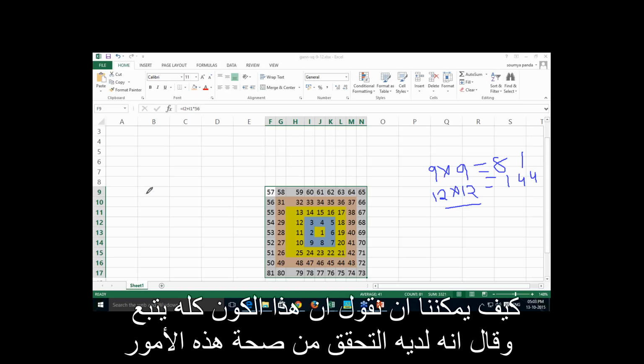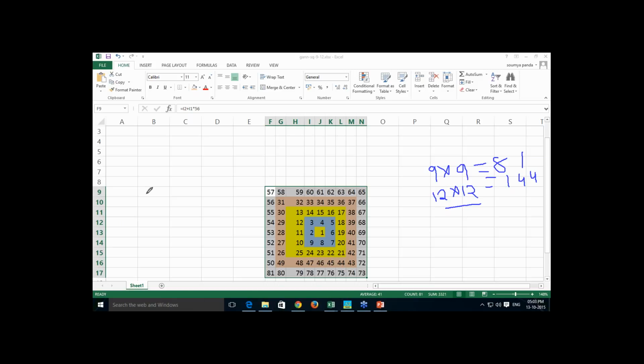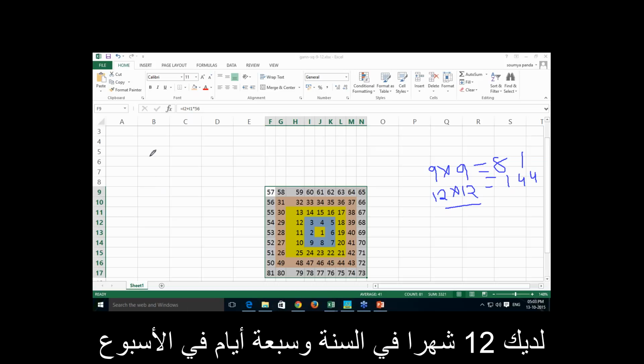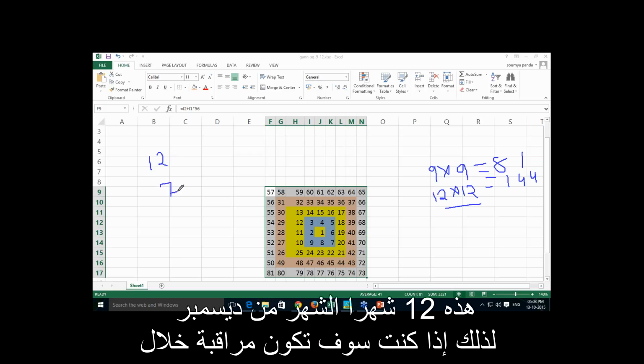So how has he validated these things? How can we say that this entire universe follows one geometrical configuration that is very much present in nature itself? You have 12 months in a year and 7 days in a week.